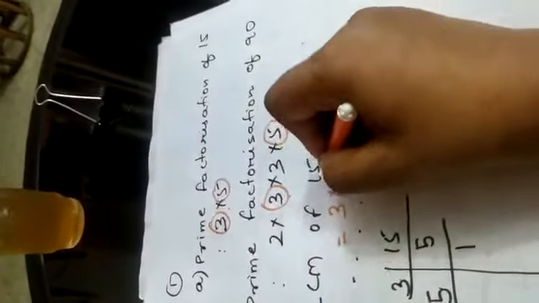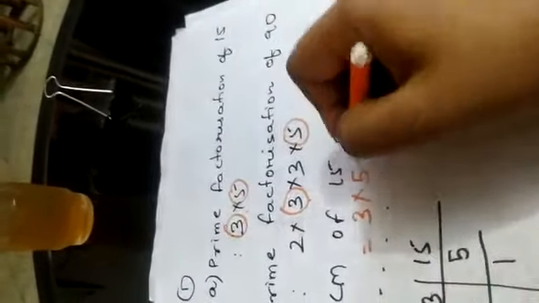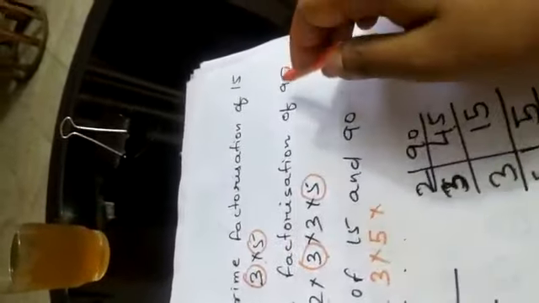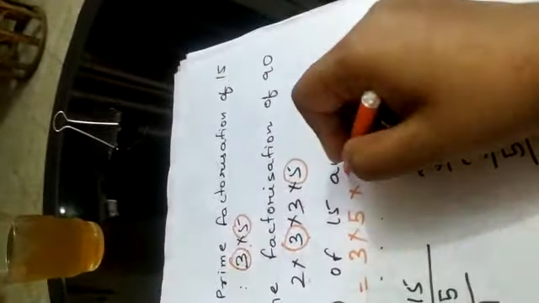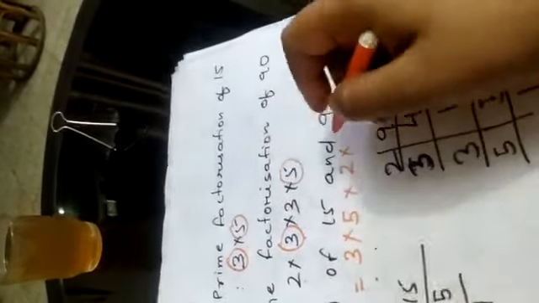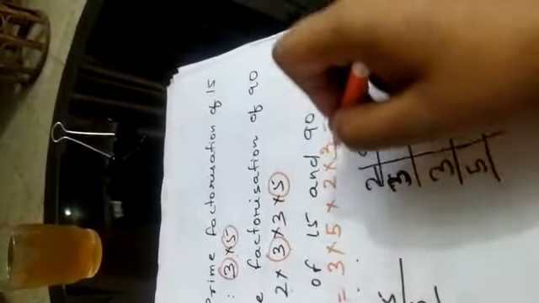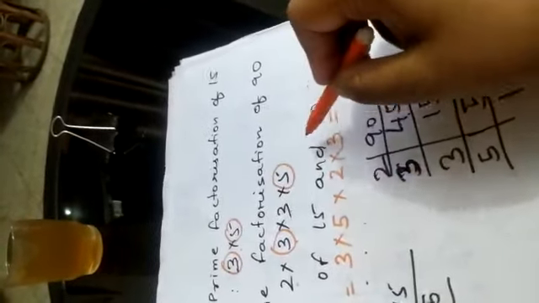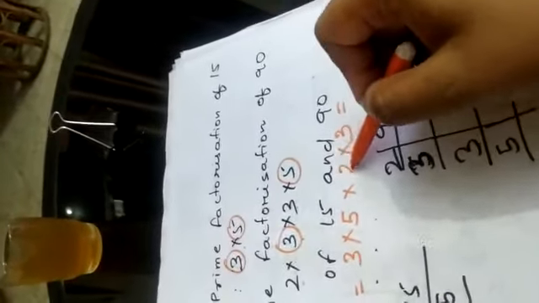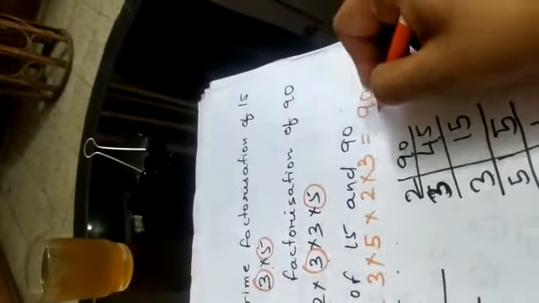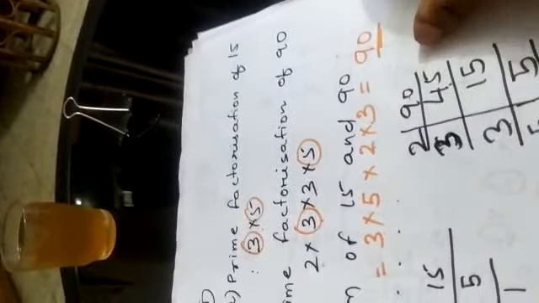So we will take one 5 out of the two. Now the rest of the factors, 2 and 3, which appear in 90, we also have to include along with those common factors. So this is the LCM, which after multiplication we will get. 5 2s are 10, 10 3s are 30, 30 3s are 90. So 90 is the LCM of 15 and 90, right?